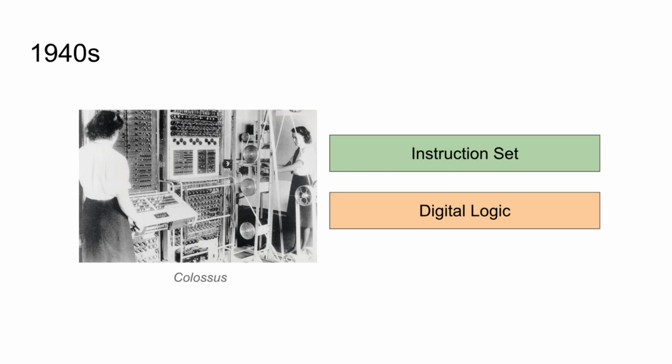Now in the 1940s, computers were certainly complicated, but their layered structure was actually quite simple. There was the raw digital logic, where the gates were put together to perform specific functions, and the only instruction set that was available was one where we programmed everything in the direct ones and zeros of the logic, effectively providing voltage levels here and there where needed.